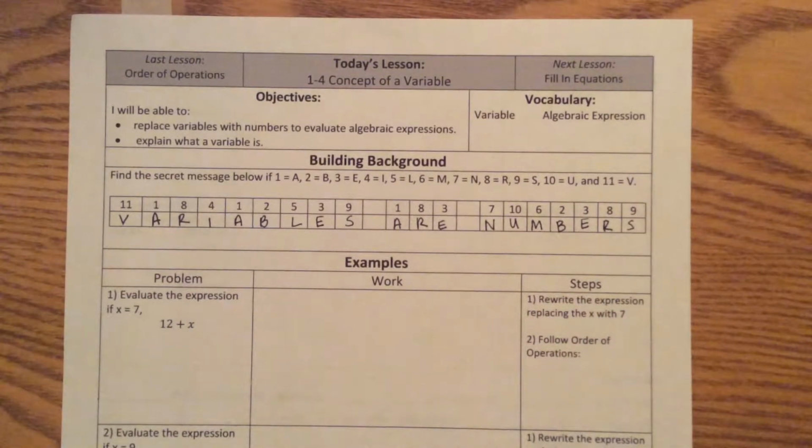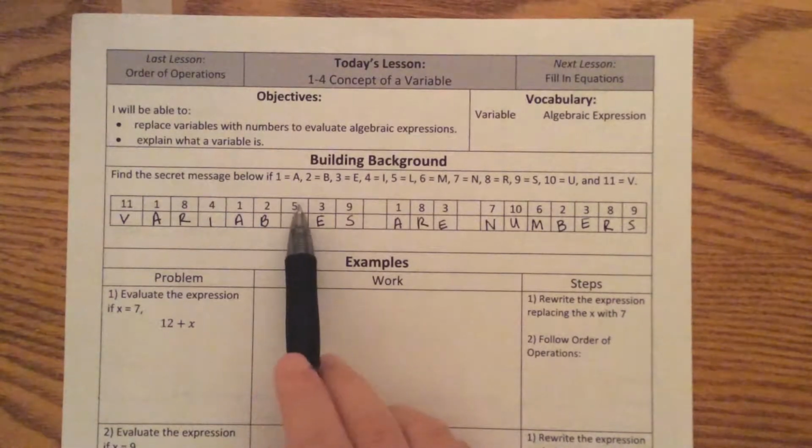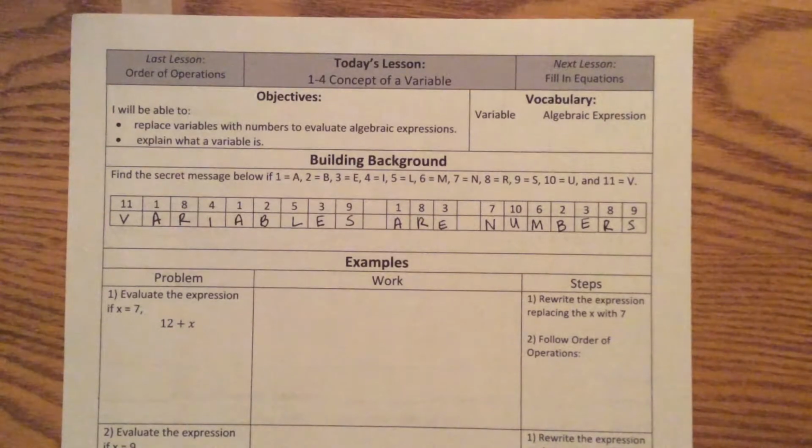So really what we're doing today is similar to this, but instead of starting out with a number and putting in a letter, we're going to put a letter in and then get a number.